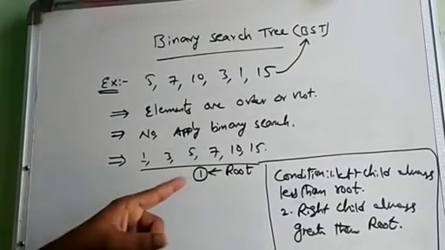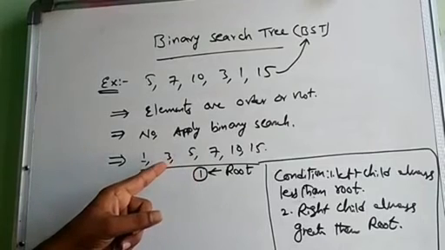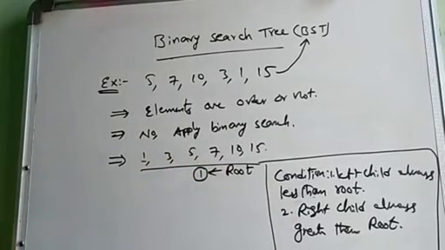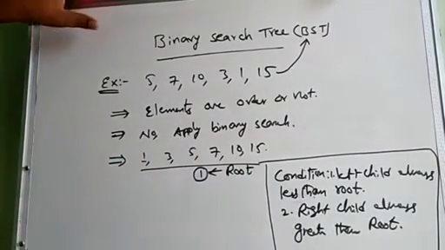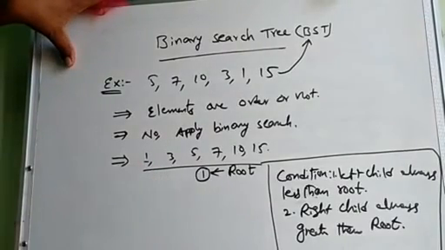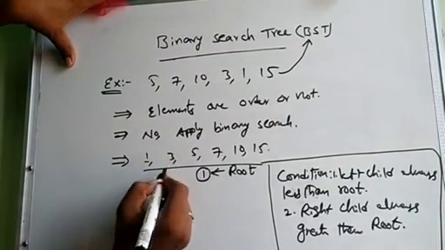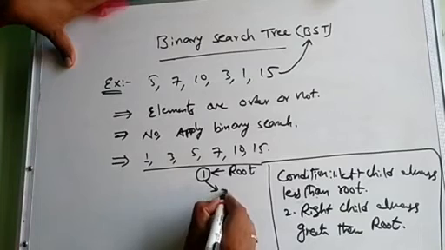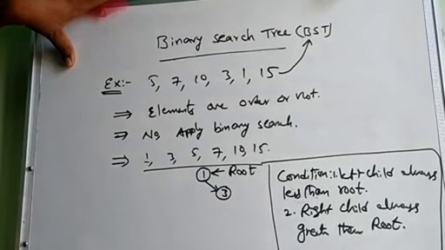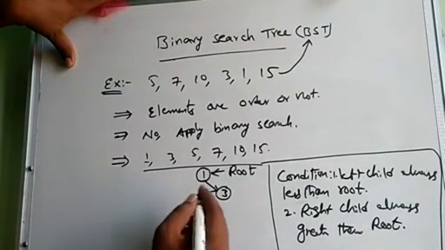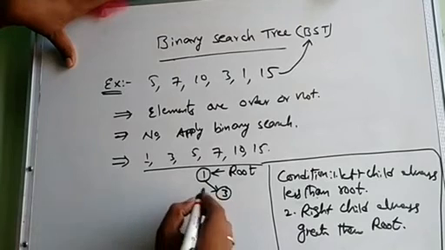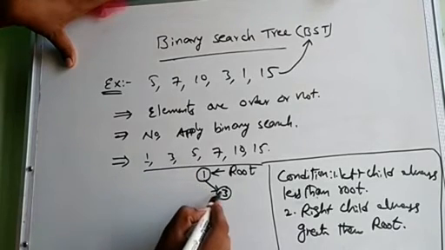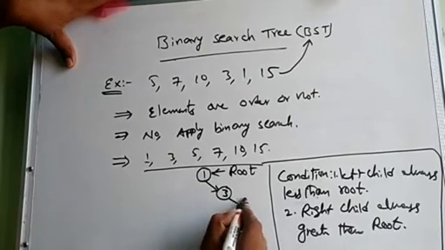These are very important rules before constructing a binary search tree. If you take a root, the next element is compared: if it is greater, it can only go to the right; if it is less, go to the left. From this example, the first node is the root, and the second node is 3. 3 is compared with 1. 3 is greater than 1, so it goes to the right. Next 5: compare with 1, go right, compare with 3, 5 is greater, so it goes right of 3.